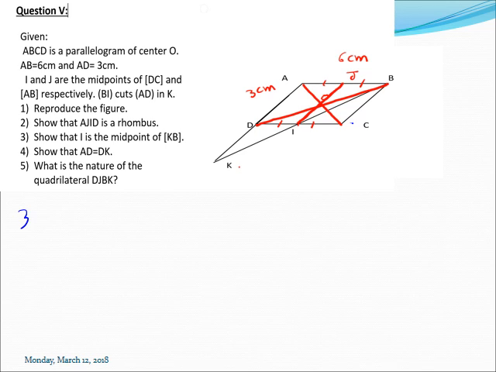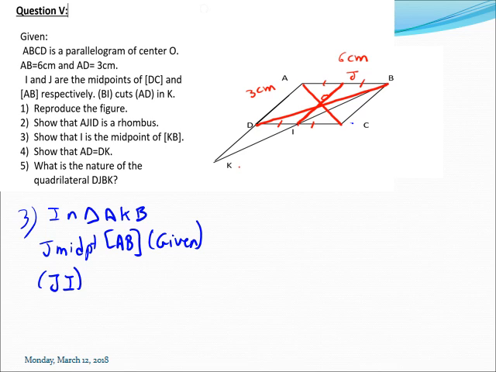Number 3. Show that I is the midpoint of KB. In triangle AKB, J is the midpoint of AB, given.